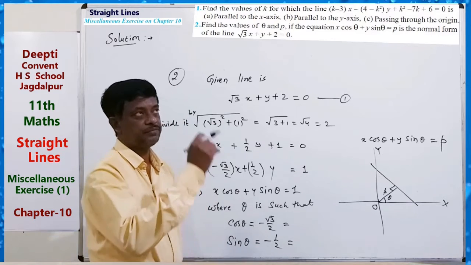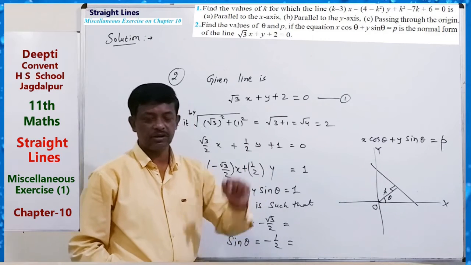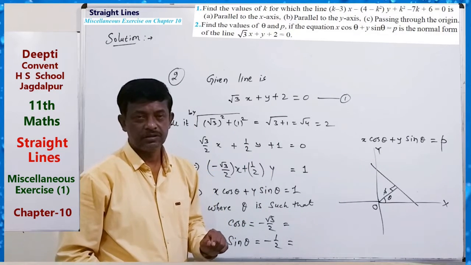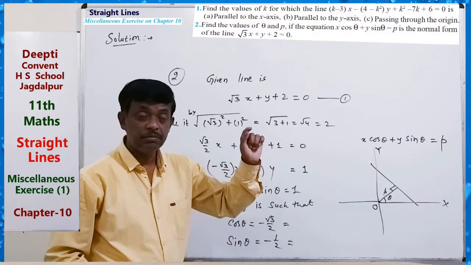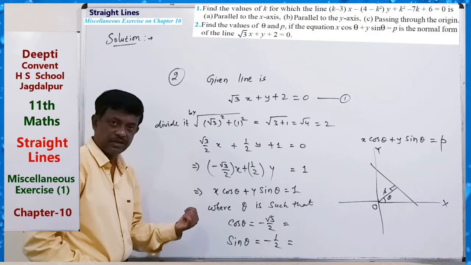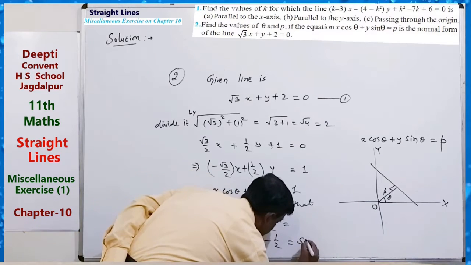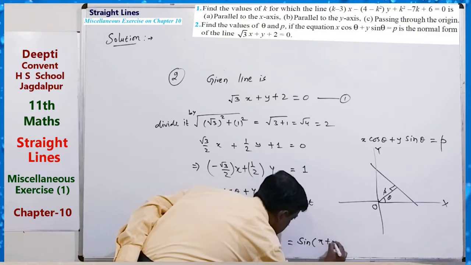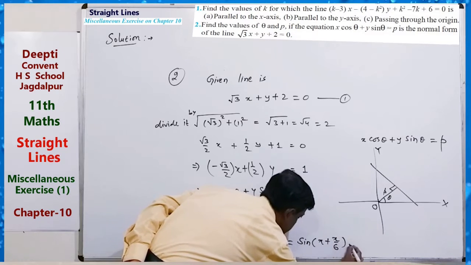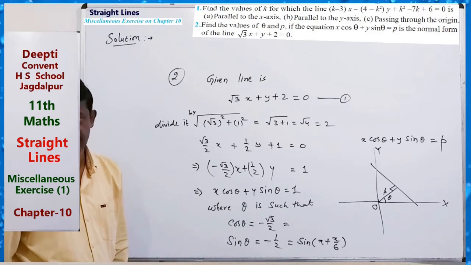So sin is positive in the first quadrant and also positive in the second quadrant, and negative in the third quadrant, so pi plus pi by 6. So we can write sin of pi plus pi by 6, then it will give minus sin pi by 6.